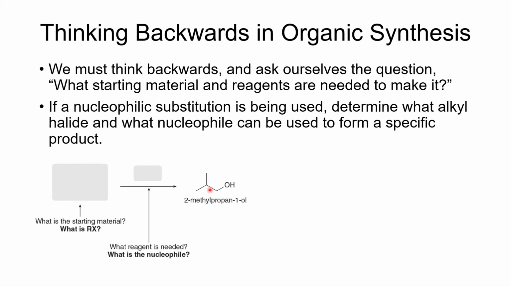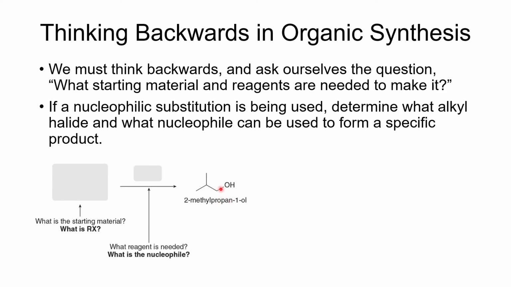So here's an example. This is an alcohol, 2-methylpropan-1-ol. I would call that isobutanol. So we wanted to make this isobutanol. How would we go about doing this? Well, clearly this chapter was all about making new bonds between carbon and something, here the carbon and the oxygen.